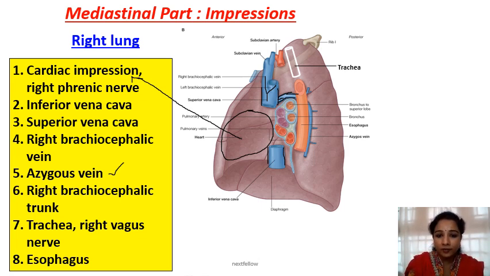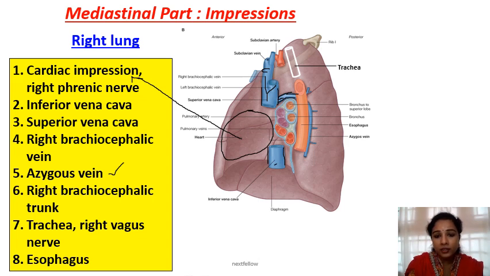Then this is the inferior vena cava impression, and we know the impression of superior vena cava as well, and the right brachiocephalic vein. So this is the right brachiocephalic vein, and then the azygous vein, which we know already, and the right brachiocephalic trunk, then the right trachea.